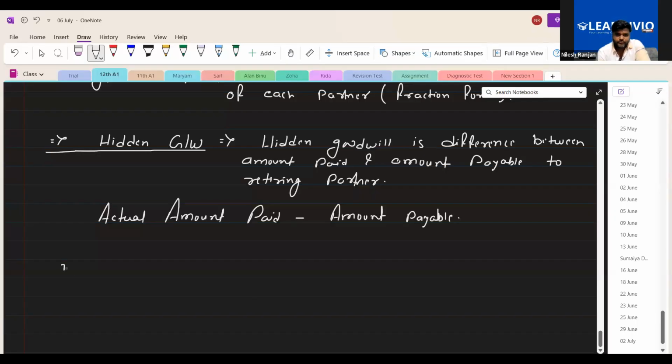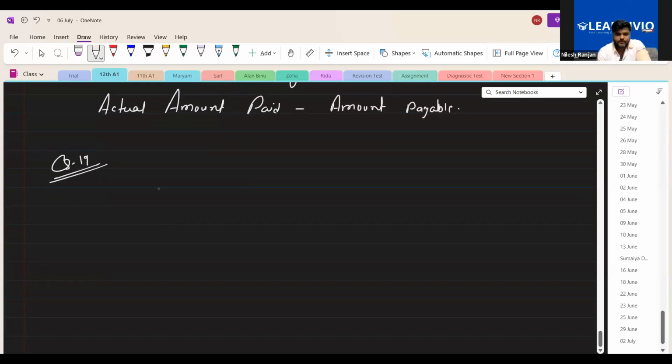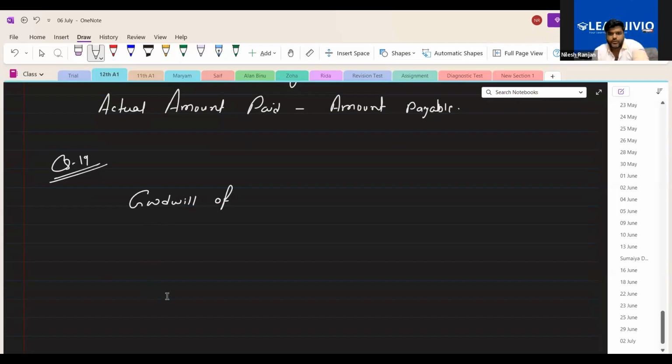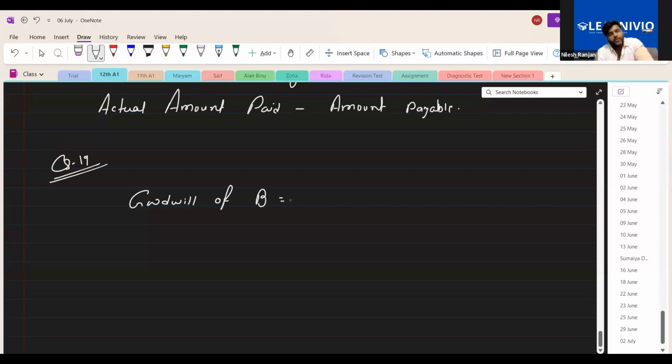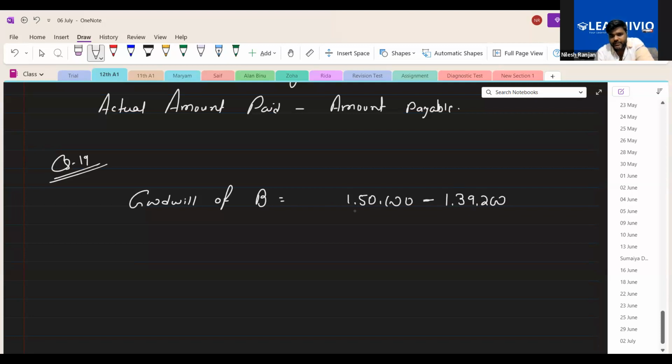So in this case, goodwill of retiring partner, goodwill of B. After all the adjustment, the amount payable was 1,39,200, and we have actually paid him 1,50,000. So the difference between these two amounts is hidden goodwill, that is 10,800.